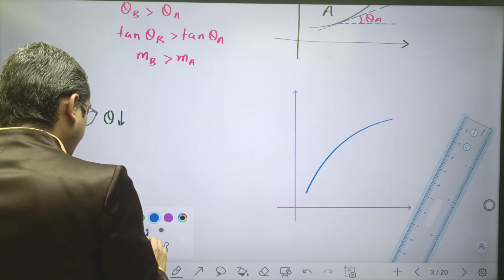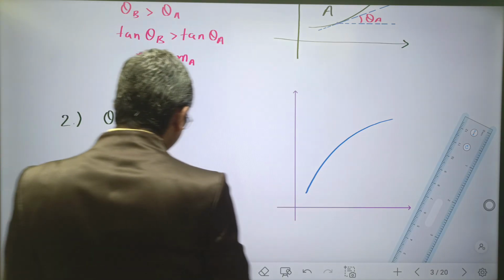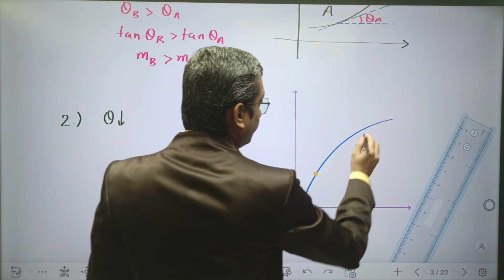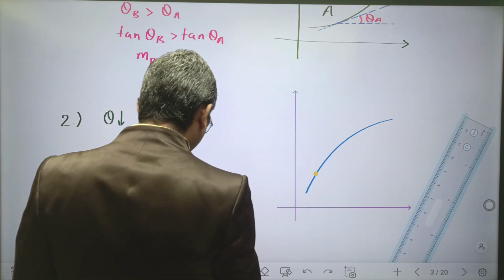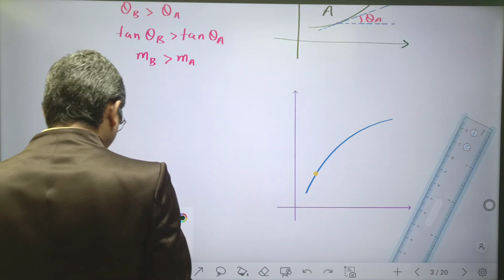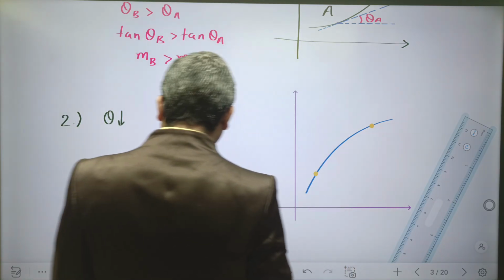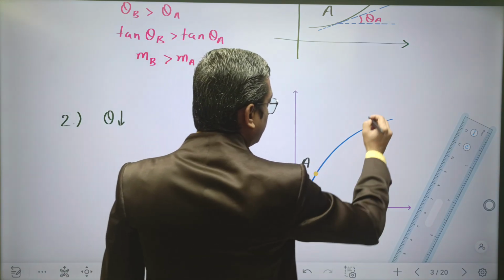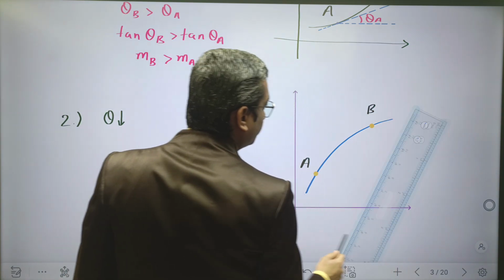Let us suppose two points. We are taking two points. This is point A and this is point B, where we need to find the slope. Again the same procedure.